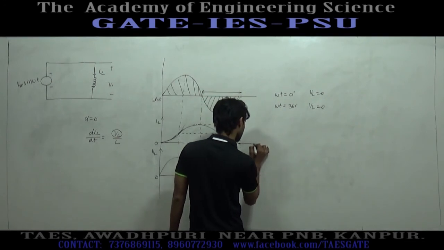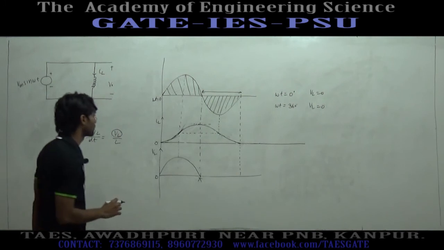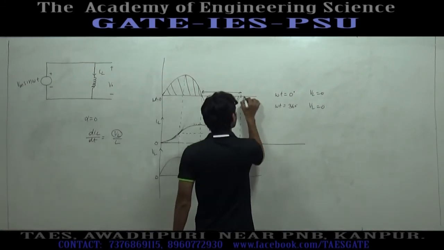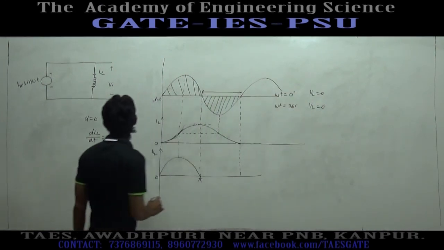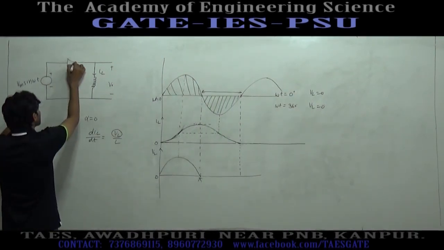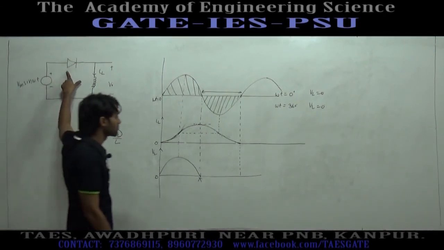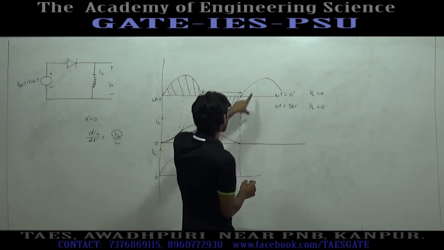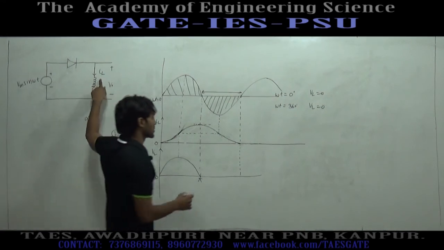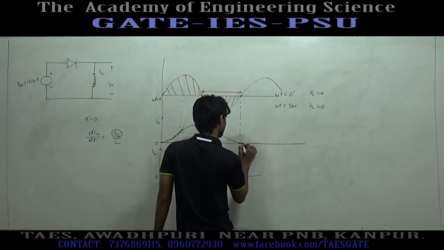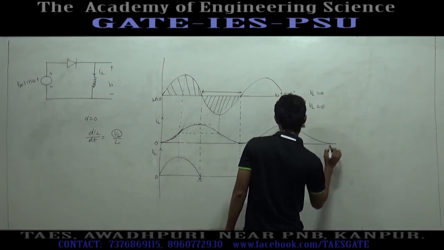After 360 degree, the input voltage is again positive and there is no delay since a diode is connected here. So, as soon as the input voltage becomes positive, again the diode will conduct. So, again the inductor voltage will become positive and the inductor current will start rising in the positive direction. So, again the inductor current will take this shape.